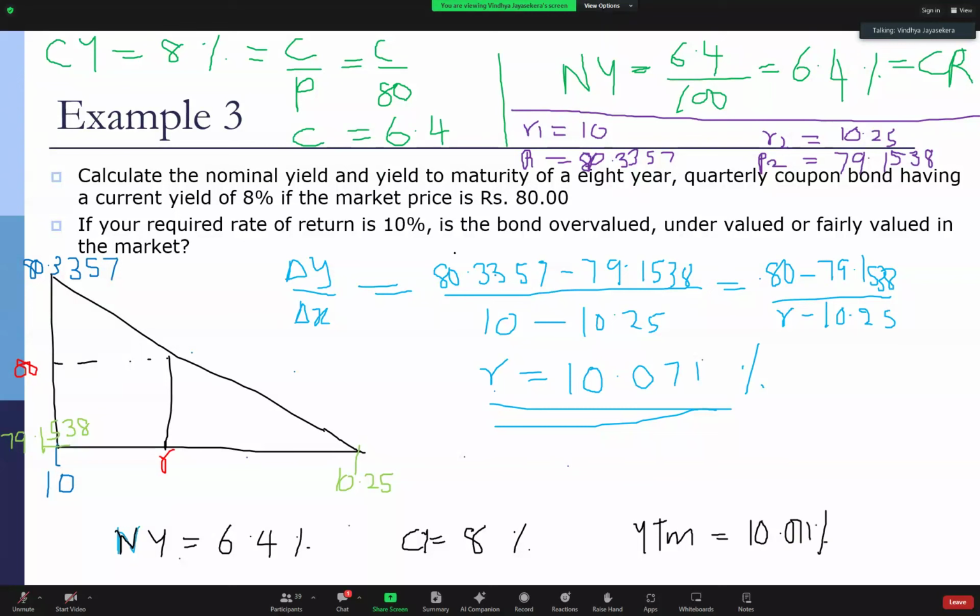Okay. I'm going to change this to 12%. Sorry. I'm going to change this because it's just there.